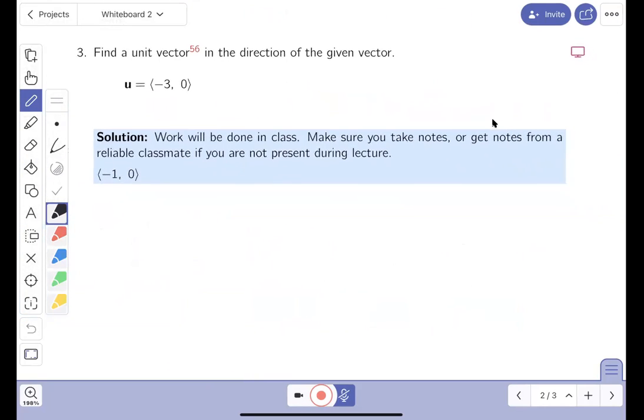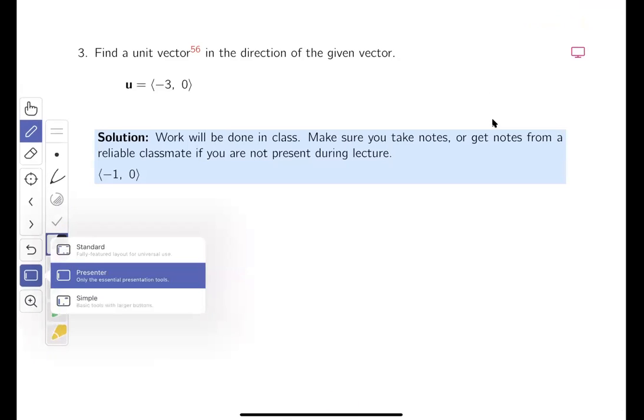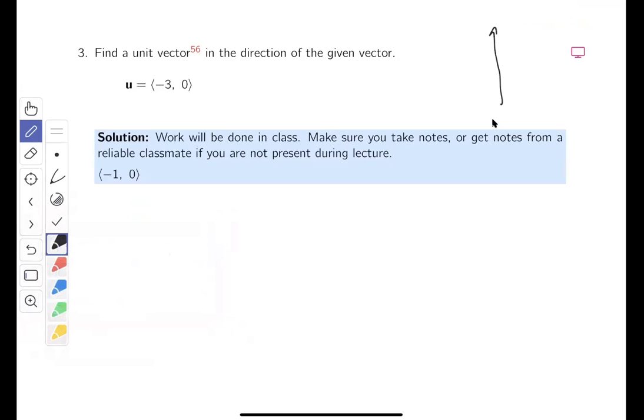And number 3. All right, so it's find a unit vector. Now, what happens to a lot of students is, they read that and they say, what do you mean unit vector? A unit vector has length 1. If you look at this vector over here, it has length 3. So if you just draw a picture of it, and I'll put that down for you. The initial point is there.